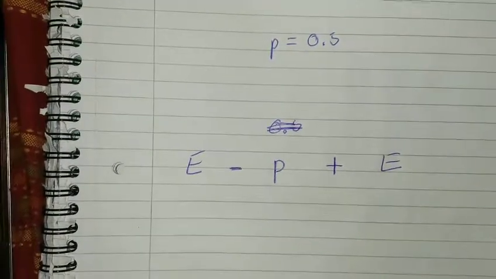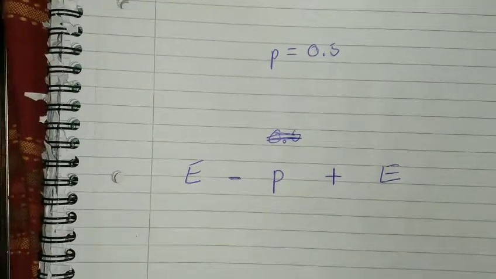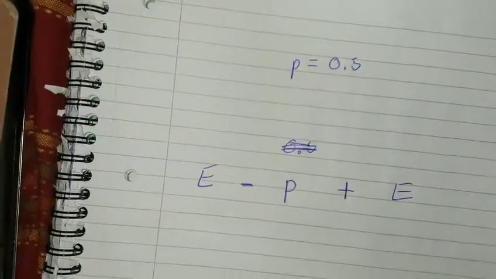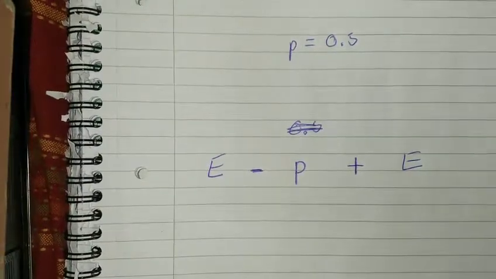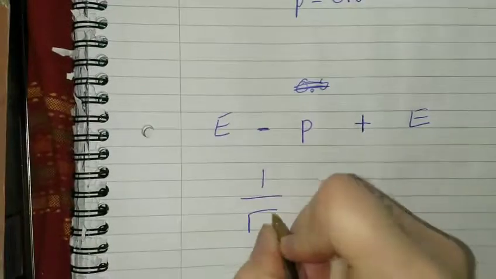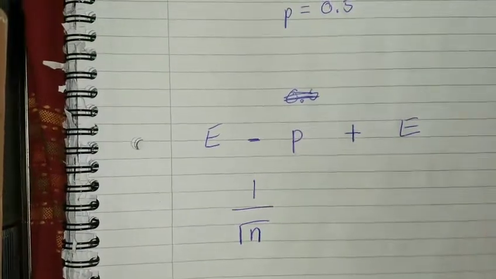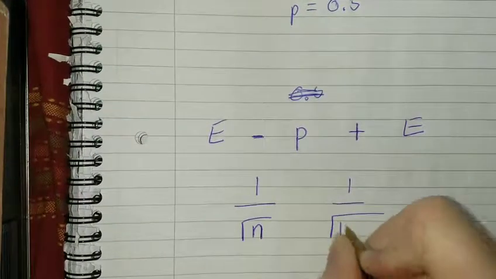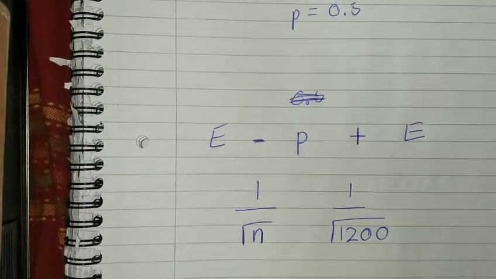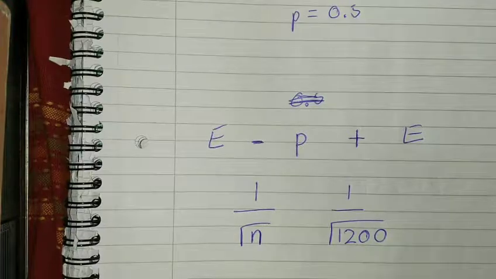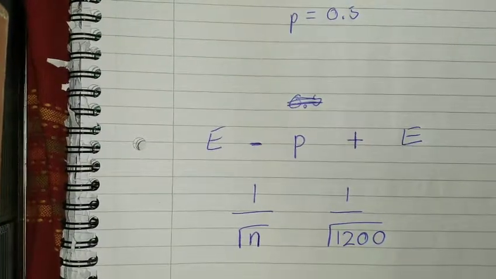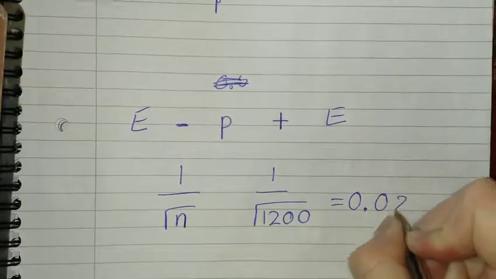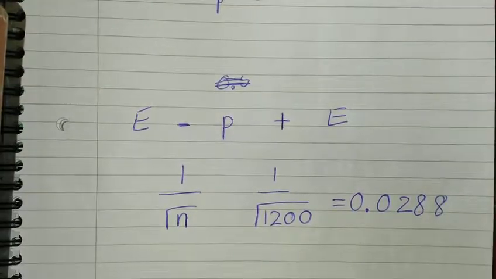So to get our margin of error, we can use our log table. The formula is 1 over the square root of n, where n is the sample size. So our sample size is 1,200, so it's 1 over the square root of 1,200. That gives us 0.0288.